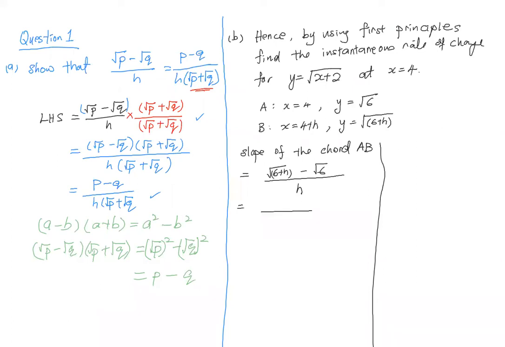So what you can do is you can straight away write down like that. If in the square root I have more than one term, usually I will bracket it up. Divide by h, square root of 6 plus h, plus square root of 6. Yep. So expand the top. So what do you get when you expand the top?